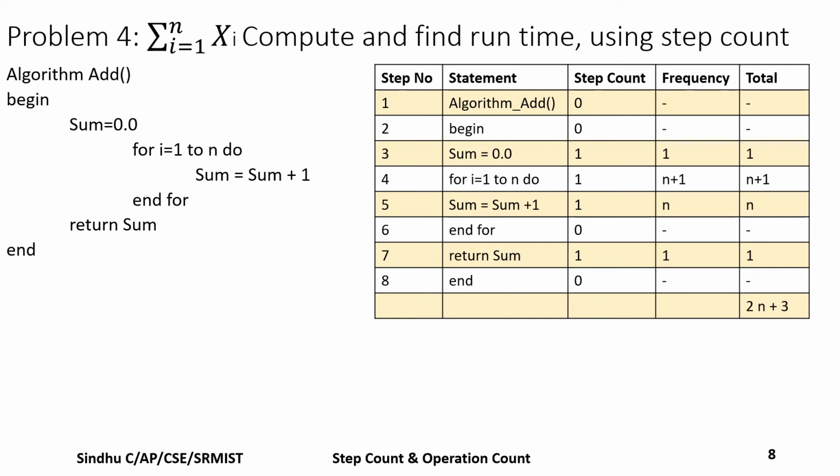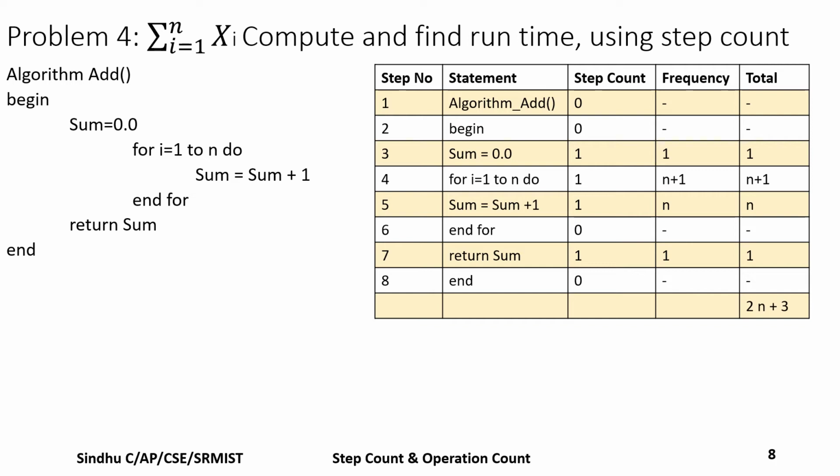So here again, the step count is going to be 1, and for the frequency, you know that this is going to run from 1 to n times, and when the nth condition is satisfied, it will come another time to check the condition, and that time it is going to be false. That is why we have the frequency here as n plus 1. So multiplying 1 into n plus 1, it's going to be n plus 1.